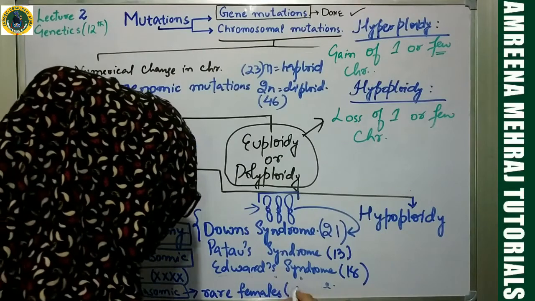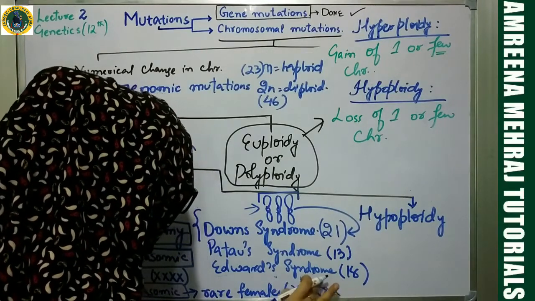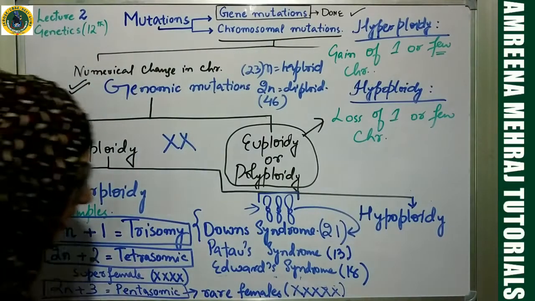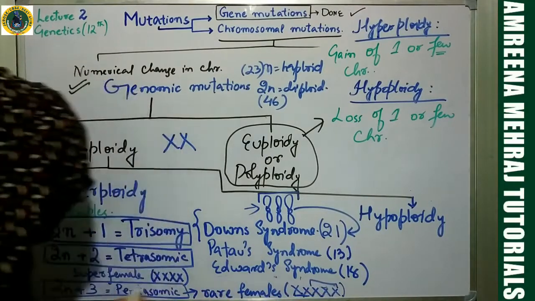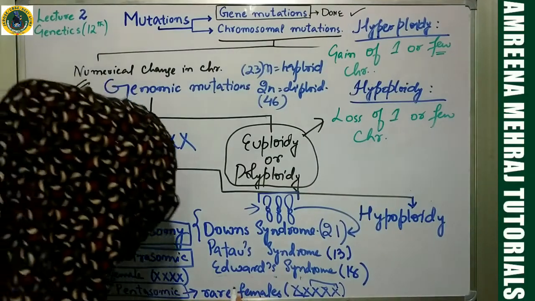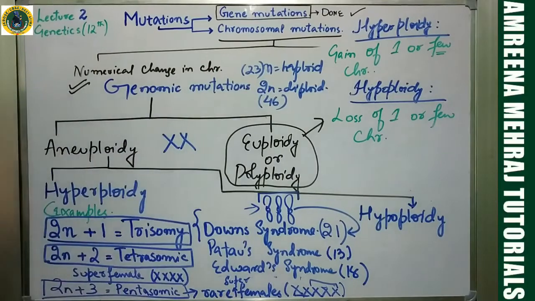So the condition is like X, X, X, X and X. How many X's? 5. Isn't it 2n plus 3? Normally it must be 2 X chromosomes, but how much extra? 3. That's why we say 2n plus 3, pentasomic. These females are called rare superfemales.